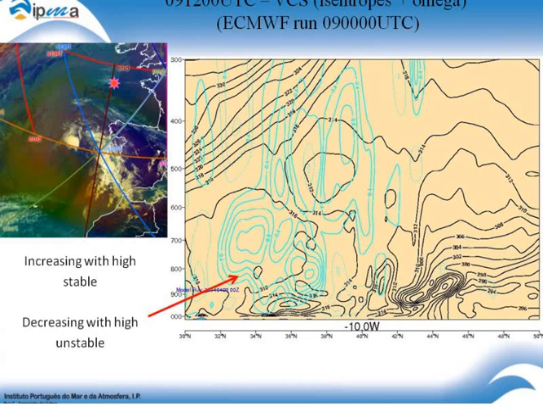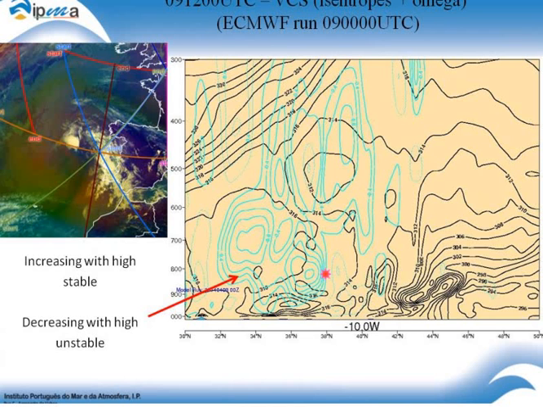We can see the vertical spacing between isentropes: this is very stable air, and this area here is very unstable air.